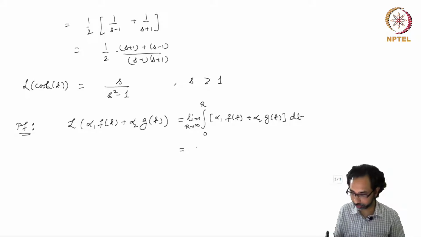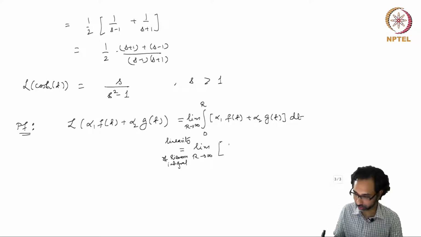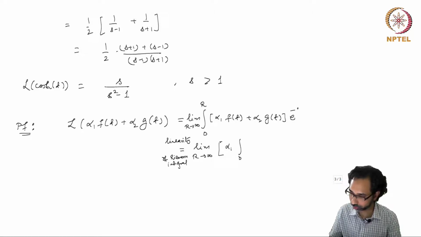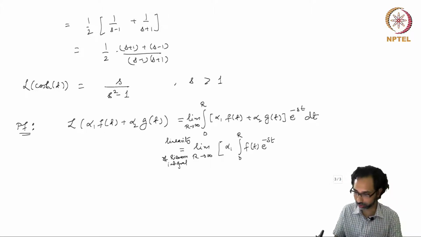So this is given by the limit as r goes to infinity. Now I can use the linearity property of the Riemann integral to get the following expression: alpha 1 integral from 0 to r of f(t) e to the minus st dt plus alpha 2 integral from 0 to r of g(t) e to the minus st dt.